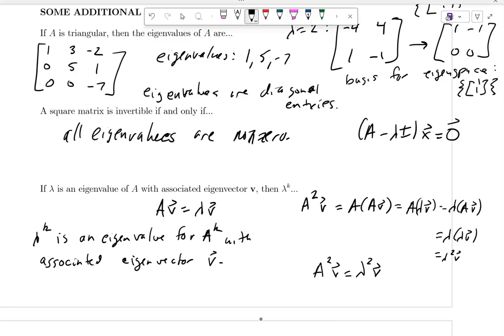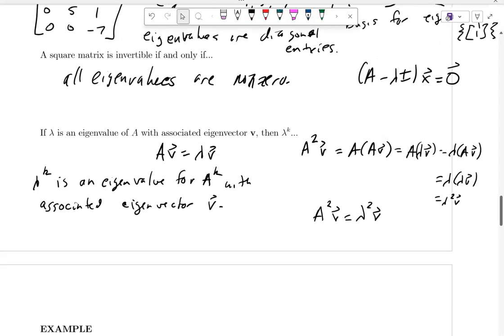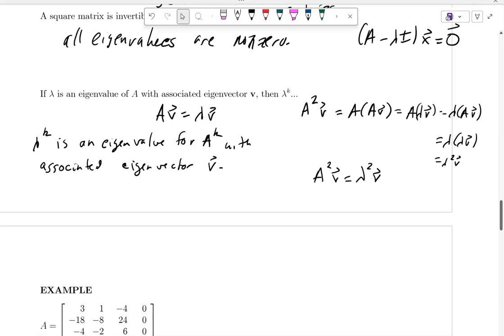This formula also works, by the way, for negative exponents if your matrix is invertible. It works for any matrix, non-invertible or invertible, but if it's invertible, you know your lambda is non-zero, so I can divide by it. So it also works for invertible matrices as well. But again, this is one of the big points about eigenvalues and eigenvectors.